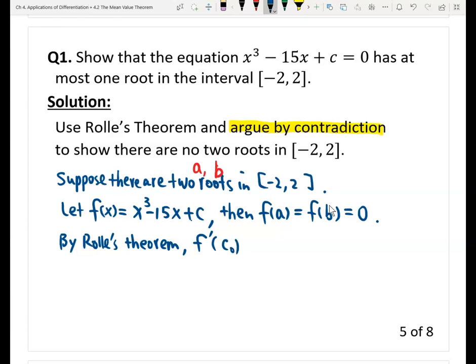We can find a number c0 between a and b such that the derivative at that point equals 0. This is Rolle's theorem.